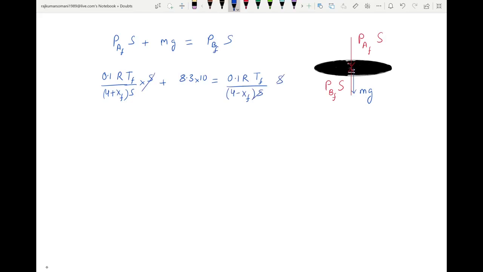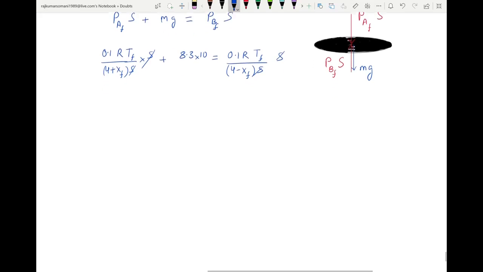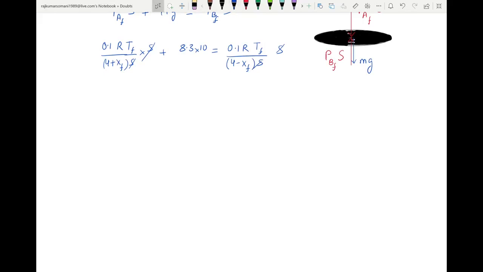Now we see that surface area is getting cancelled out, and here we get a second equation for the relation between final temperature and final XF. So some things can be cancelled out. R can be cancelled out by 8.3.